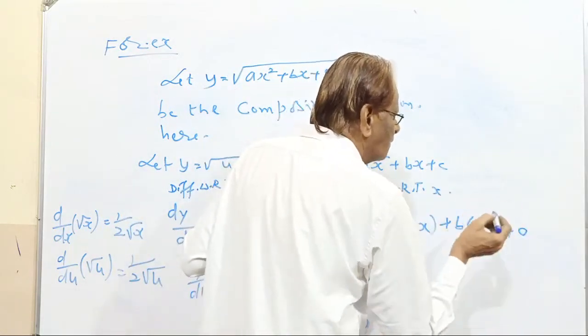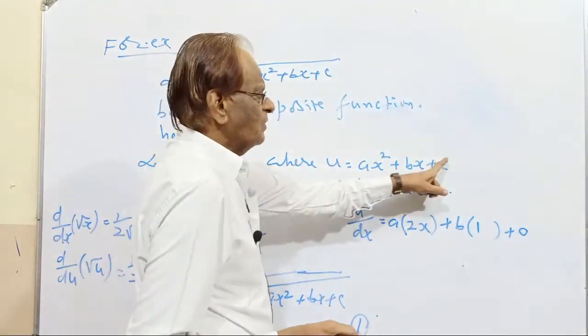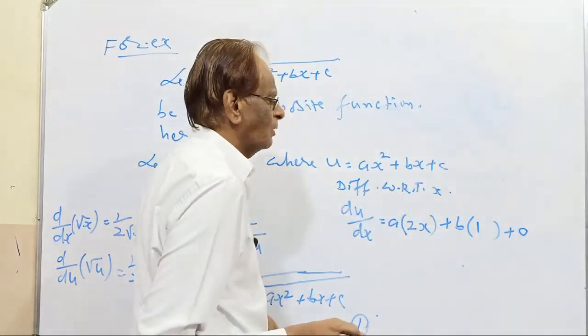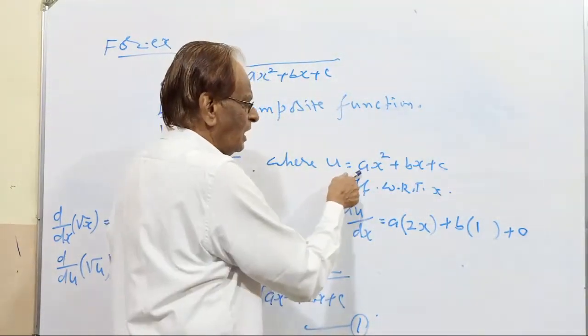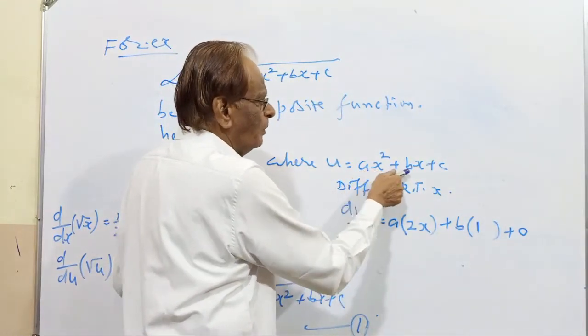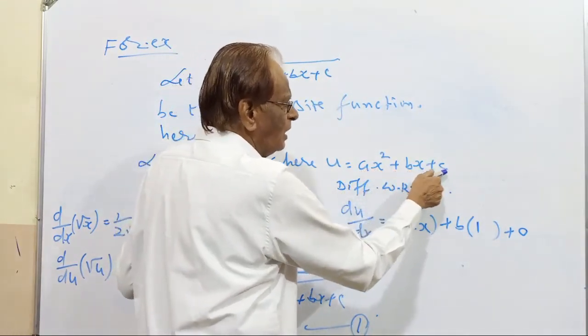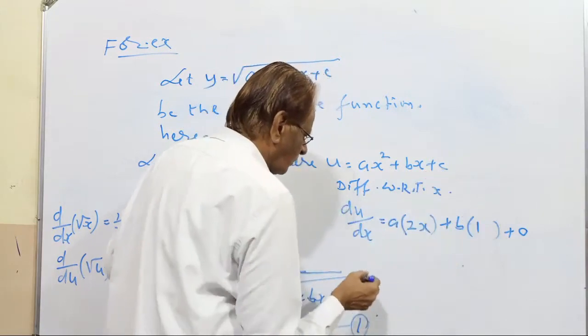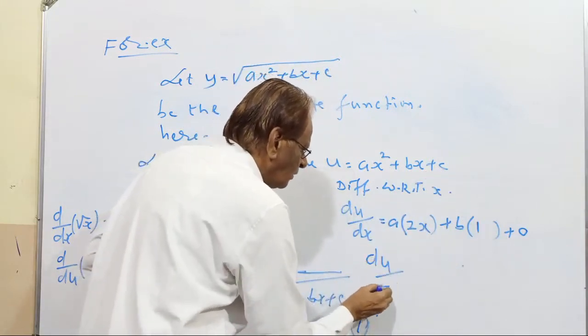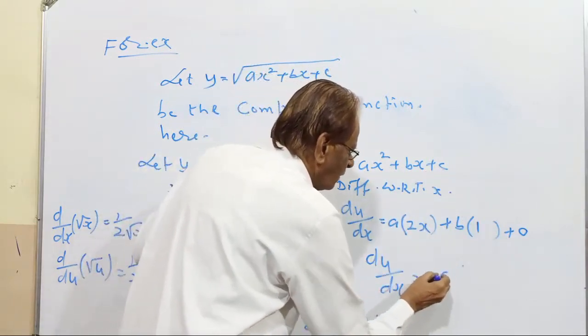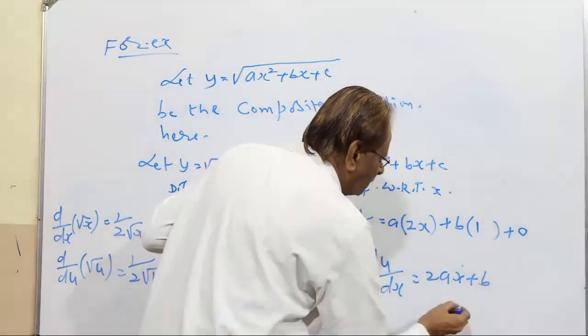Differentiation of the constant c is 0. So du by dx equals 2ax plus b.